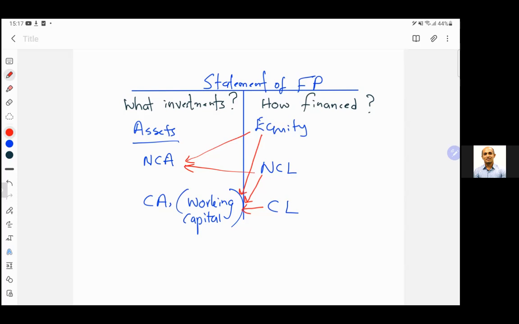So if you see the statement of financial position, you see the company's investing and financing activities. These are investing activities.